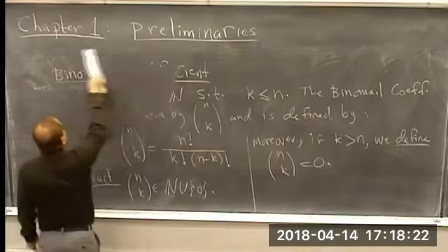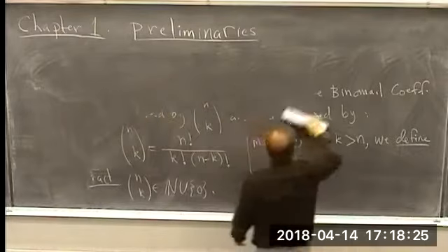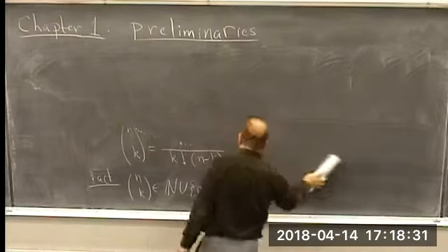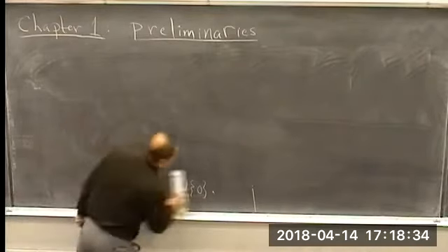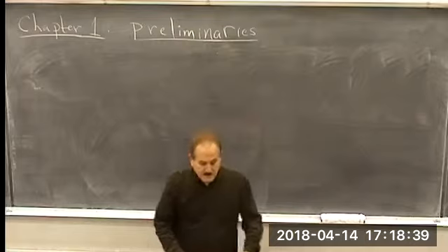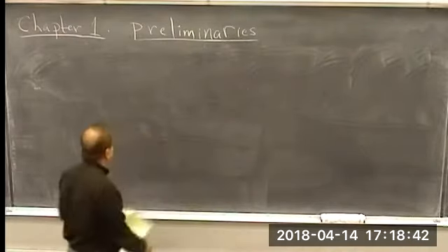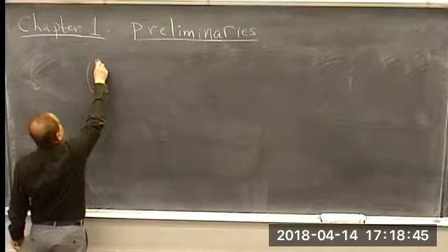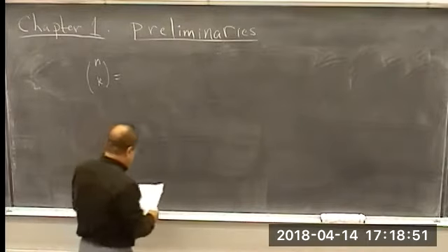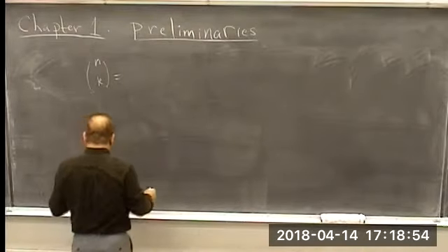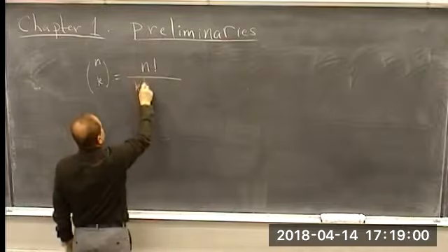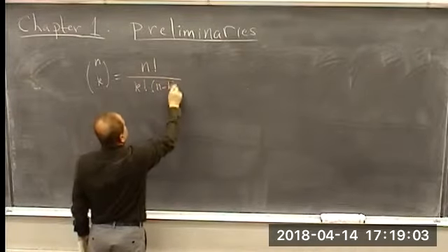All right? So let's look at the other form. We could write this in different ways, it's not very hard to show. So initially we have n factorial, then k factorial, and n minus k factorial.